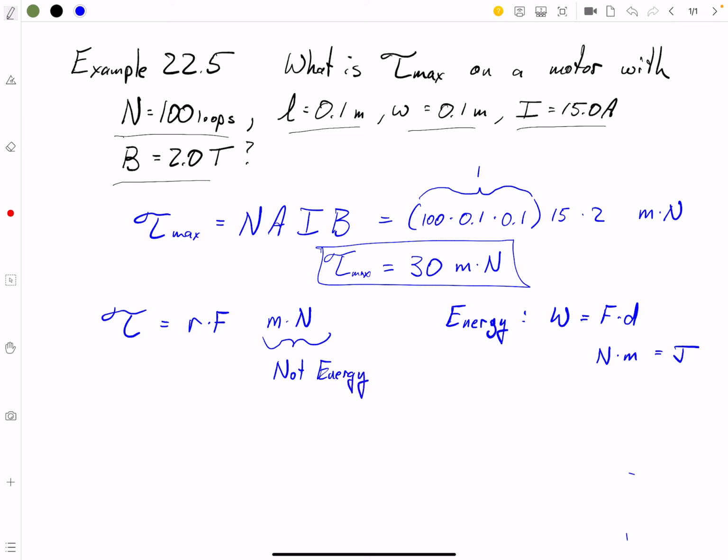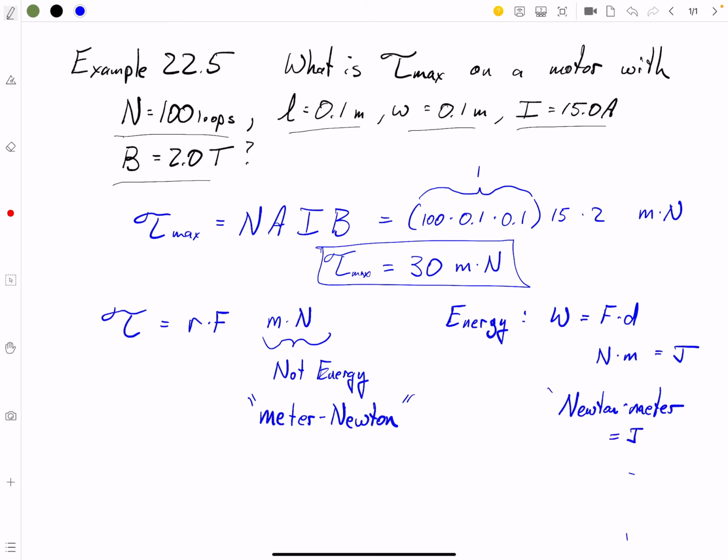So I call this one a meter, quote unquote, meter newton, so that you don't mistake it for a newton meter, which is equal to a joule.